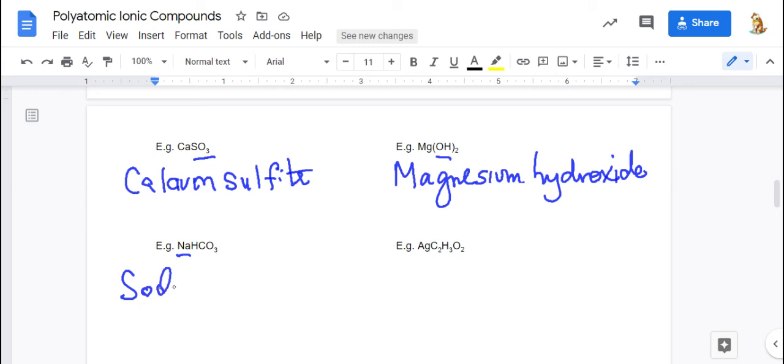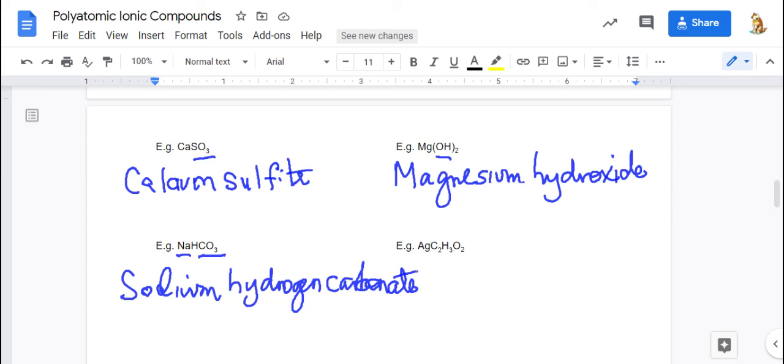So we can identify that. And then we have HCO3. So this is hydrogen carbonate. Sometimes it's called bicarbonate, sodium bicarbonate, but that's a more common name. The IUPAC rules are sodium hydrogen carbonate.